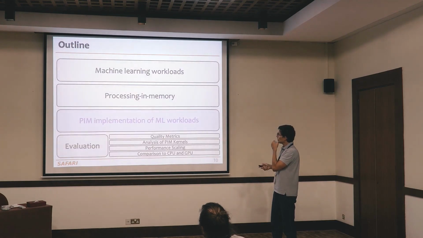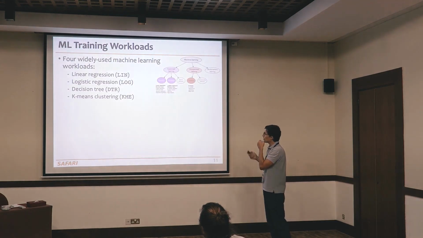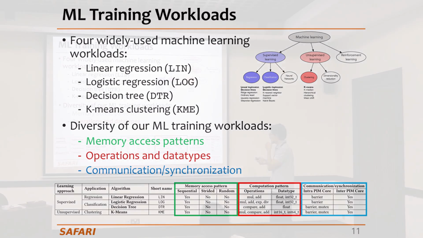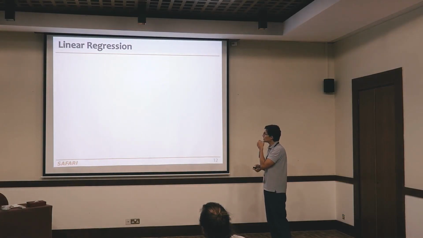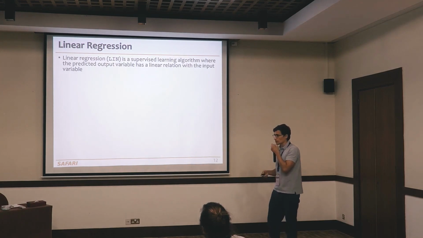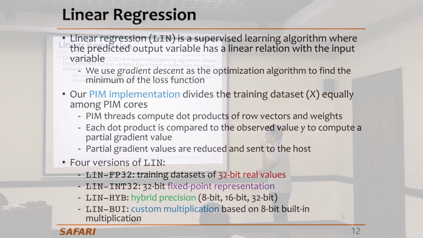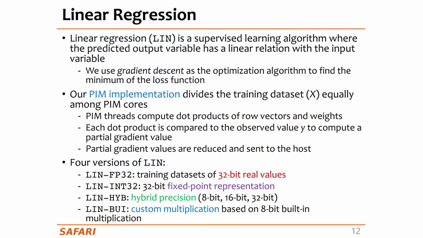First of all, the PIM implementation of machine learning workloads. These four workloads have some diversity in terms of memory access patterns, operations on data types, and communication and synchronization. For linear regression, which is a supervised learning algorithm, we use gradient descent as the optimization function.